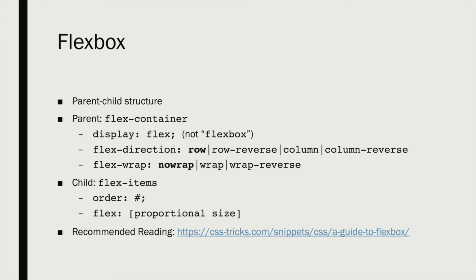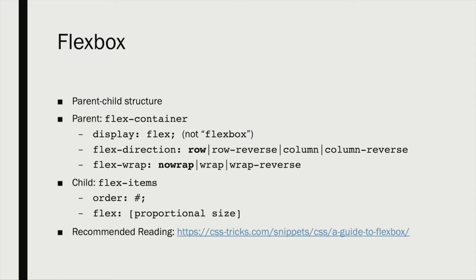Flex direction determines exactly how the elements should be ordered, whether in a row, row reverse, column, or column reverse. Row is the default. Flex wrap means that basically if there are more elements than should be displayed, how should the other elements display around the first ones? Should they be wrapped? Should they not be wrapped? Or should they be wrapped in reverse? No wrap is the default.